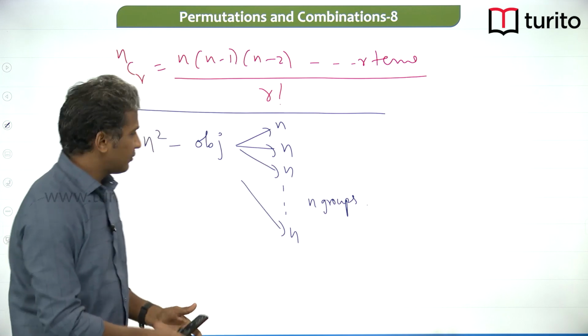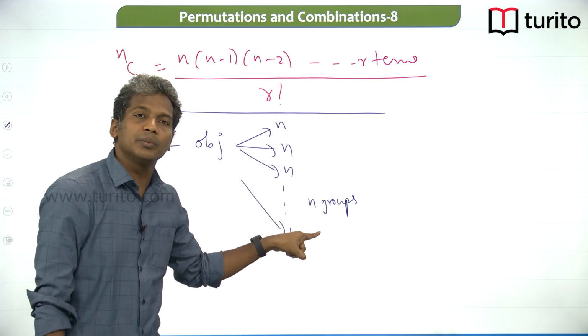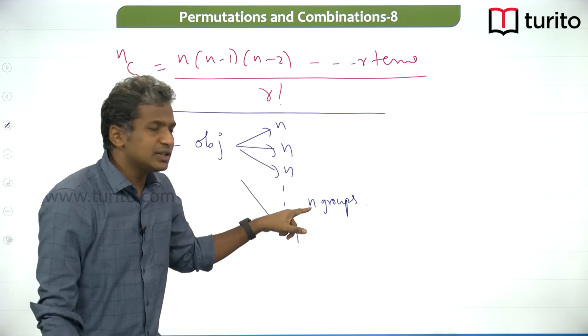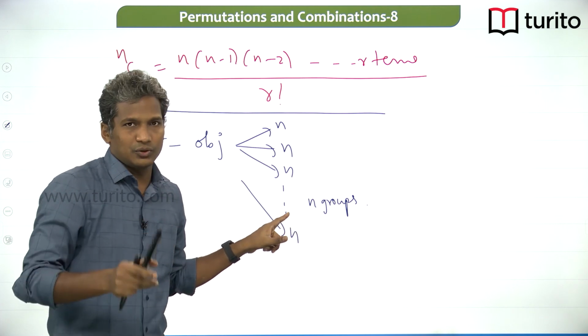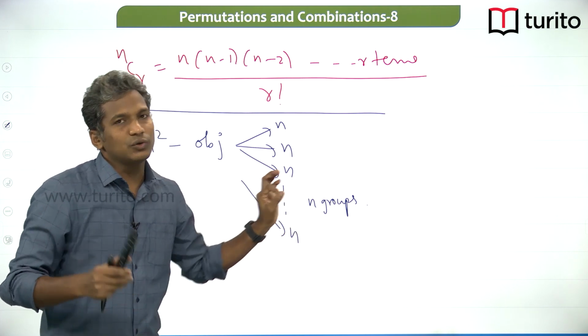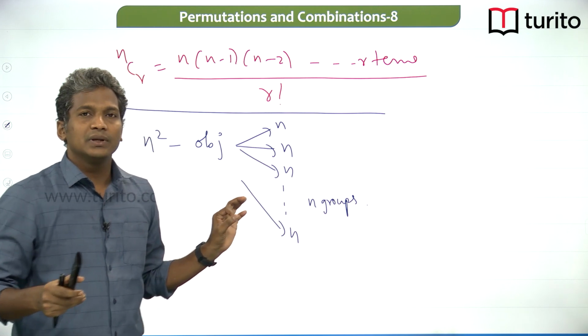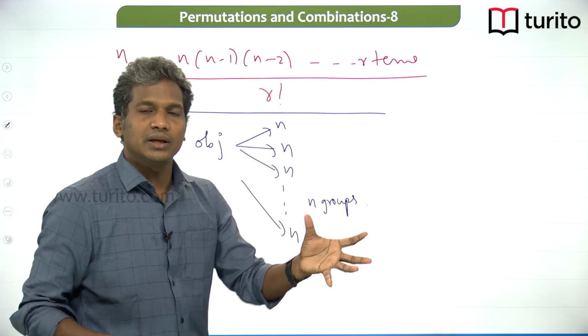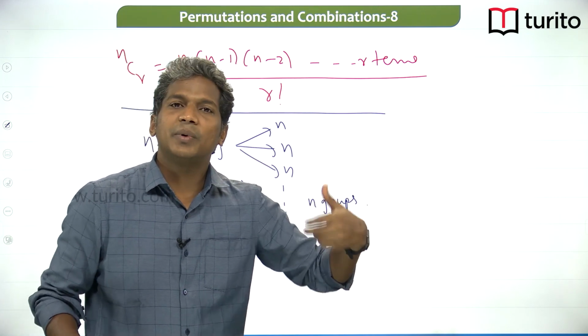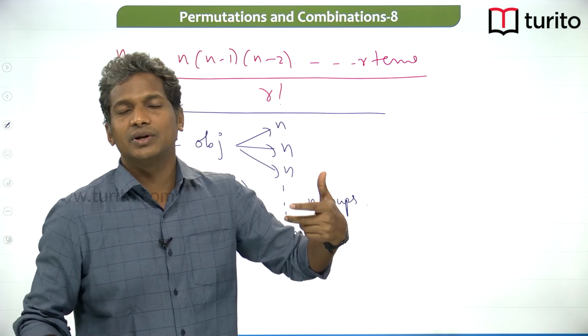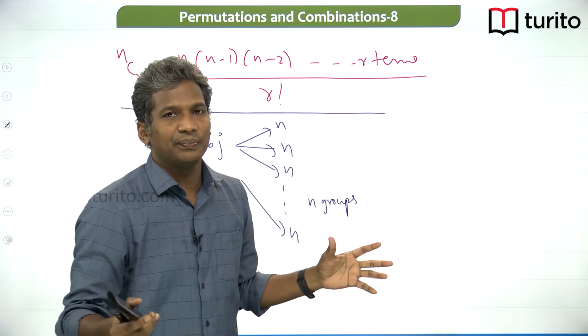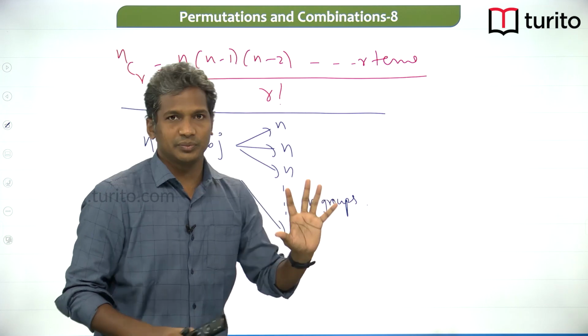You have n square objects and you want to form n groups. Whether these groups are named groups or unnamed groups, the number has to be a perfect integer, right? The total number of ways of forming groups is going to be a perfect integer. You cannot have half ways, you cannot have minus 3 ways, right? So it is going to be a perfect natural number.